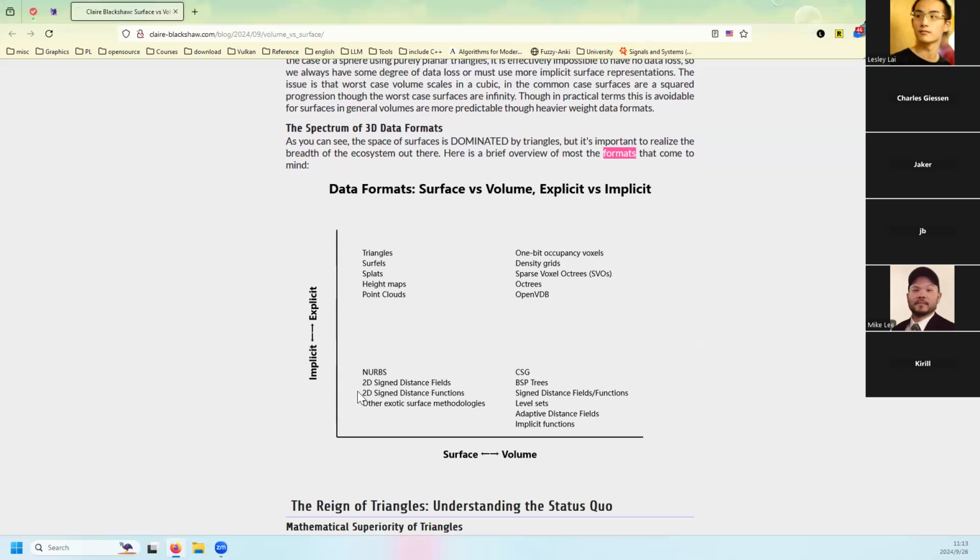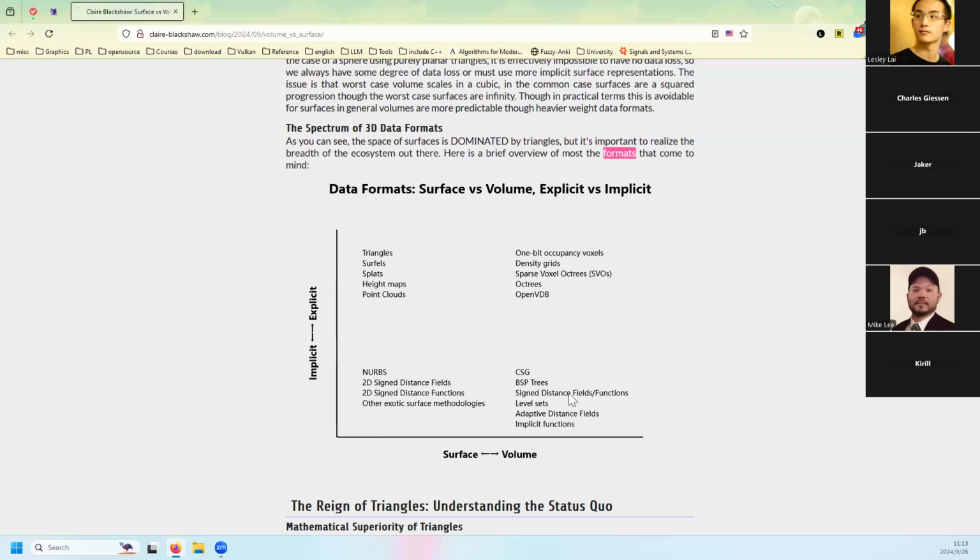More like control surfaces, control triangles, control quads, but same idea. Then signed distance functions, SDFs. Other exotic surfaces, yeah.